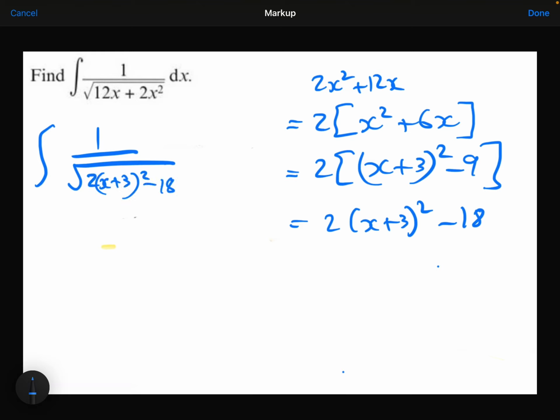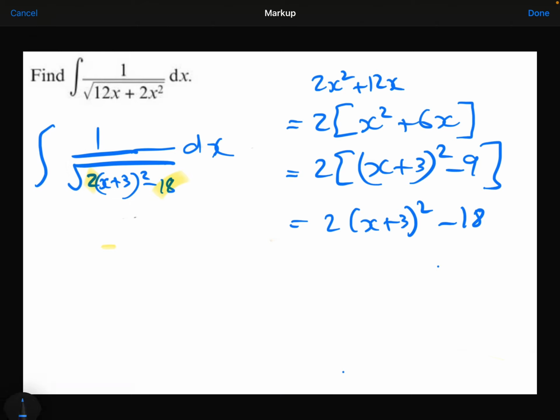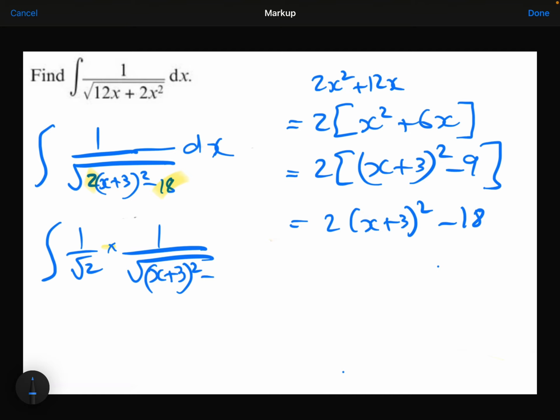Right, then what I'm going to do is factorise out this 2. I'm going to factorise out a 2 from here and here. Factorising out a 2 will give me a 1 over root 2. Like that. And then I can take that 1 over root 2 outside the integral.